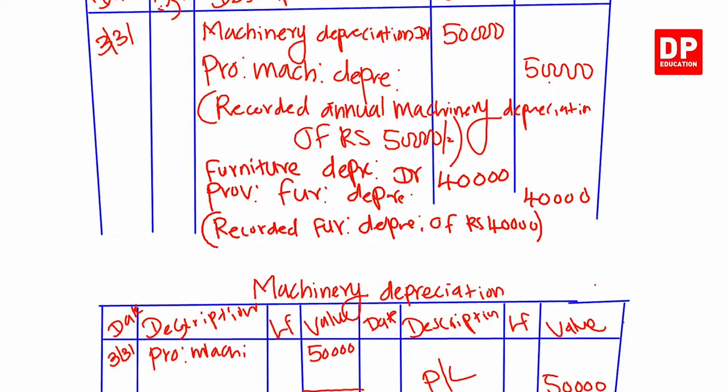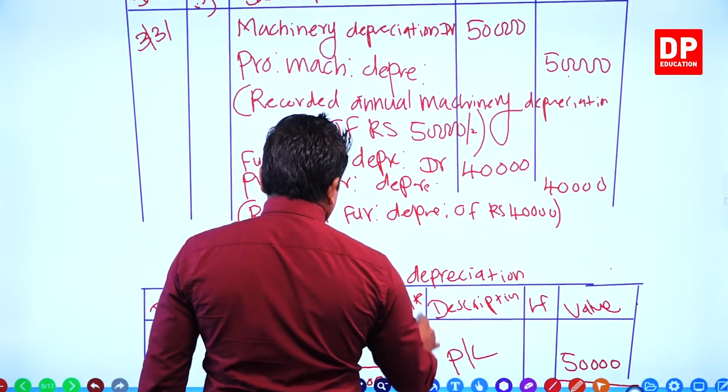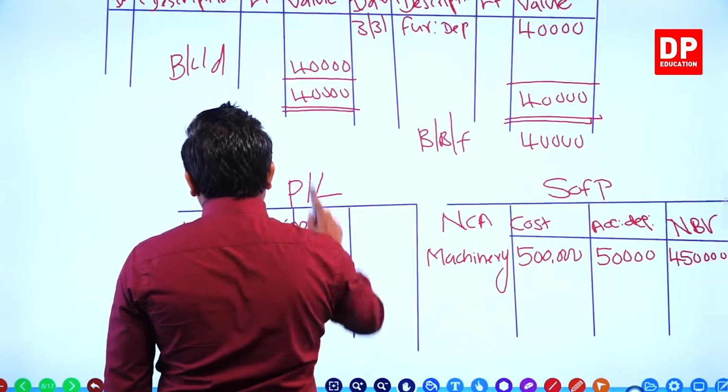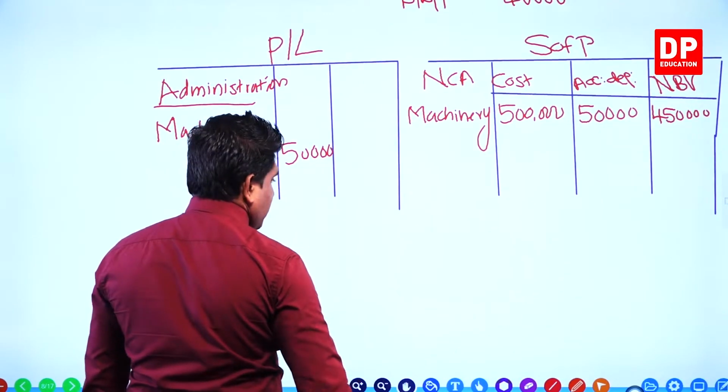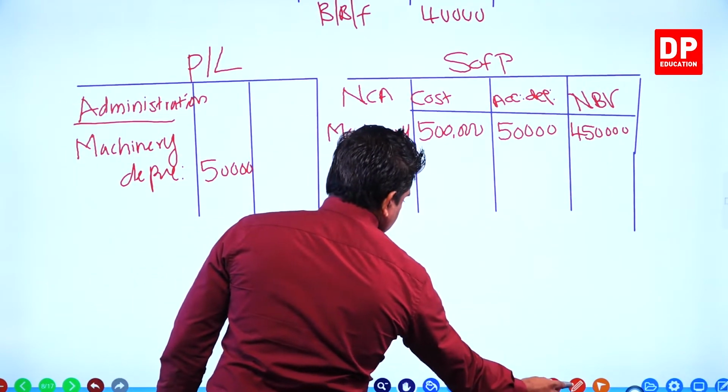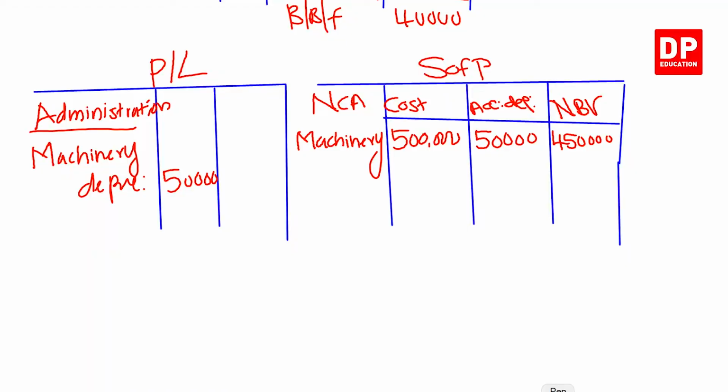Right? Okay. Now you record these details where? In the financial statements. Under the profit and loss statement, administration expense category, you write 40,000 as furniture depreciation. How much? 40,000.